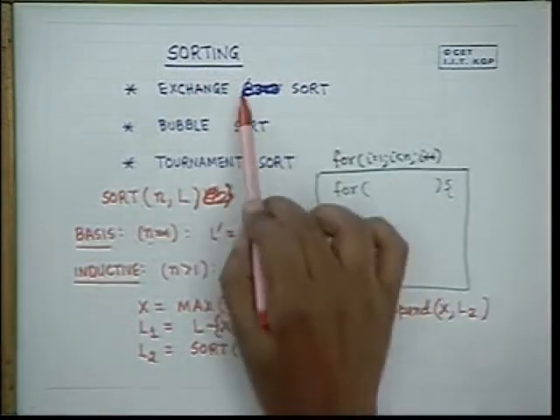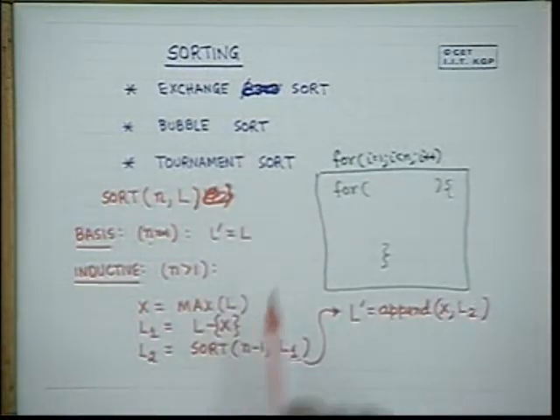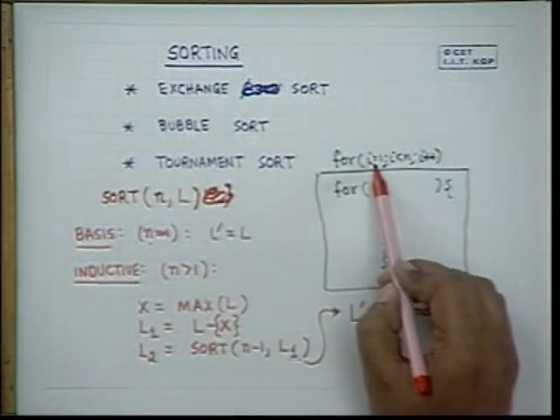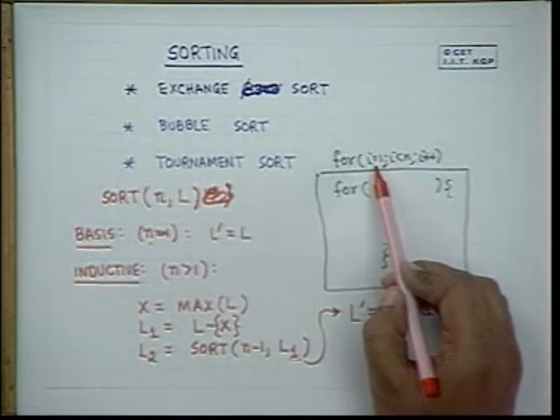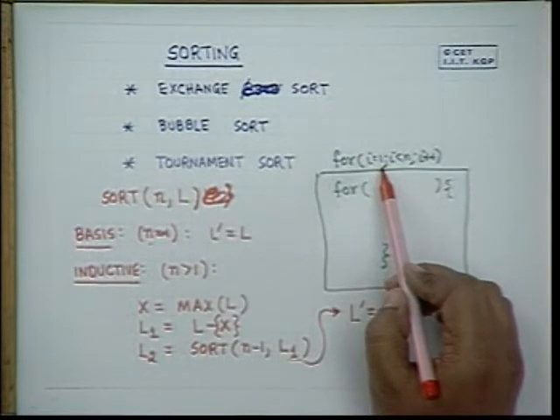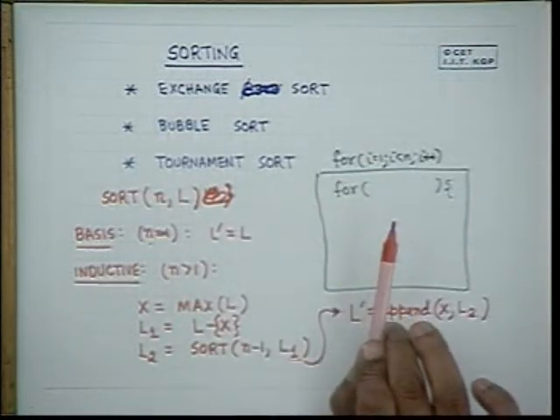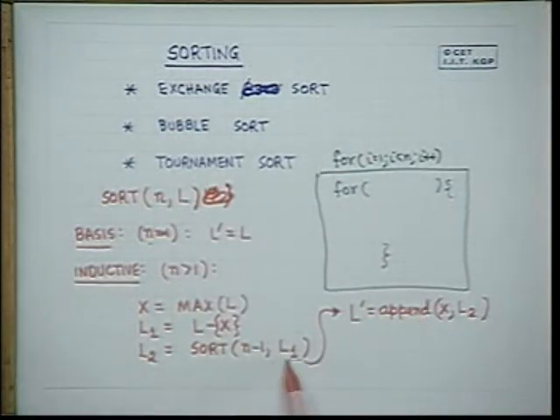That's what you've done in exchange sort. Indirectly, when I is equal to 1, you found out the maximum and put it in data 1. And the rest of the program does what? It sorts the rest of the array. After you have placed it, the rest of the whole program continues to sort the rest of the elements. And this append is automatically done because you have already put the first element in data 1.